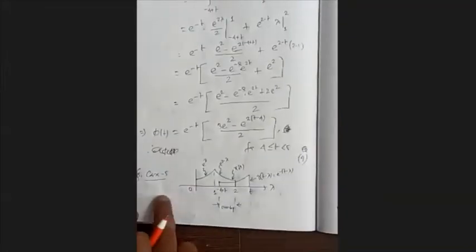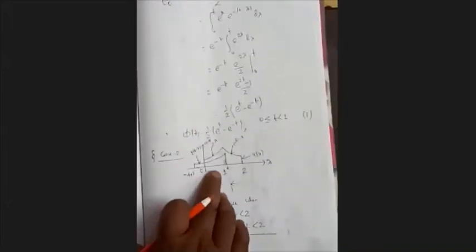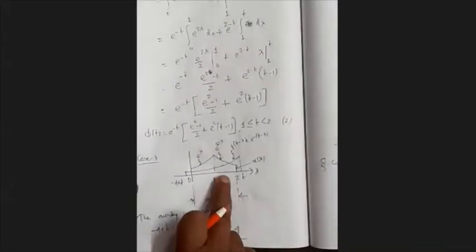And note that our second function is sliding. It started sliding from this side, gradually it is advancing. So our overlapping area changes. It's going this way.